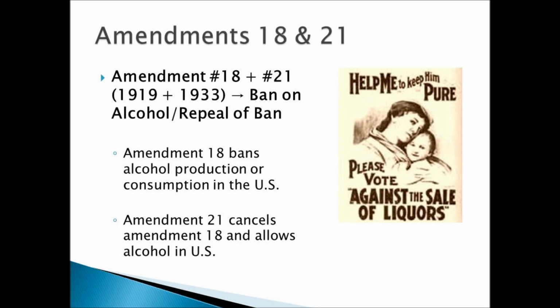You have bootlegging, speakeasies, rum running, organized crime, all of this to promote the sale of illegal alcohol. So by 1933, the United States realized that they are fighting a losing battle, and they reinstitute alcohol and unban alcohol.